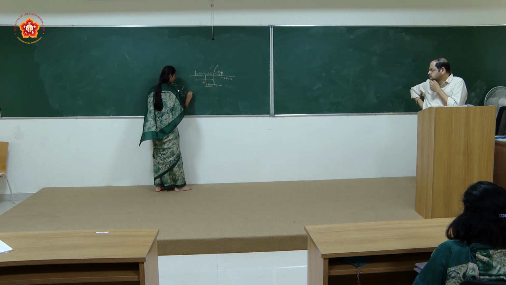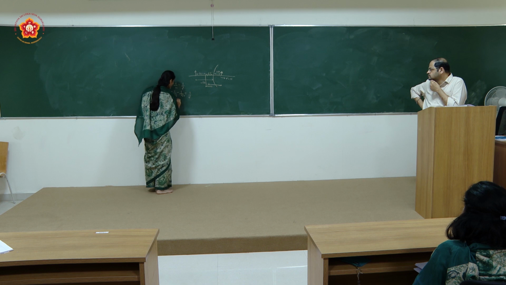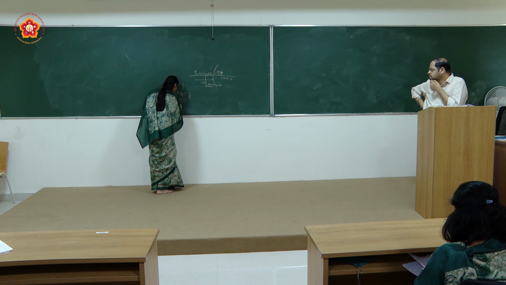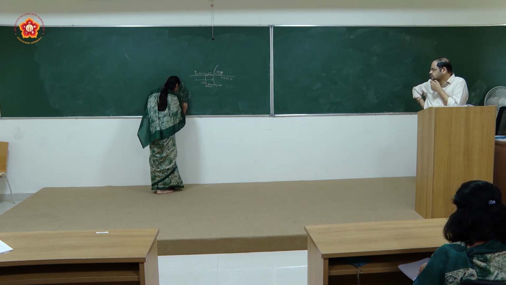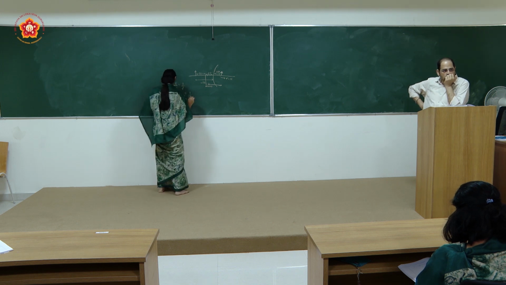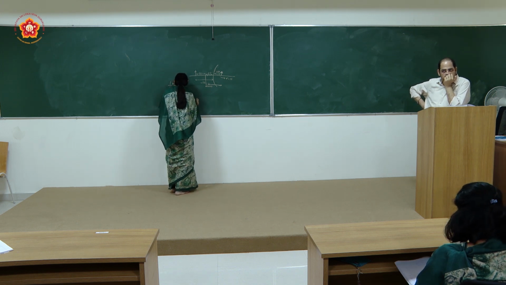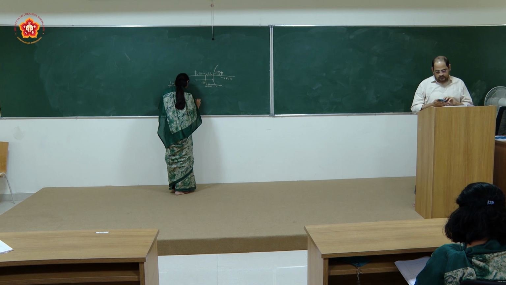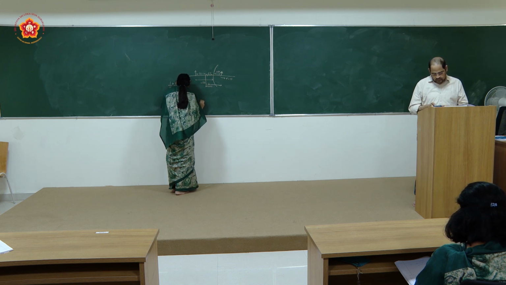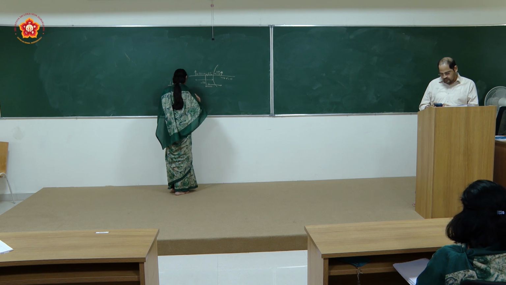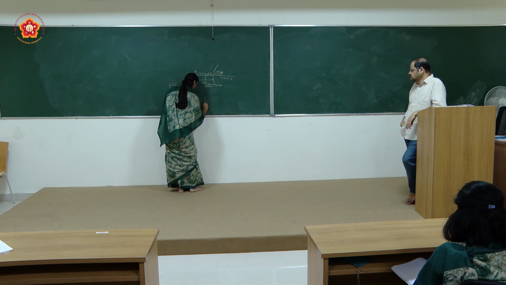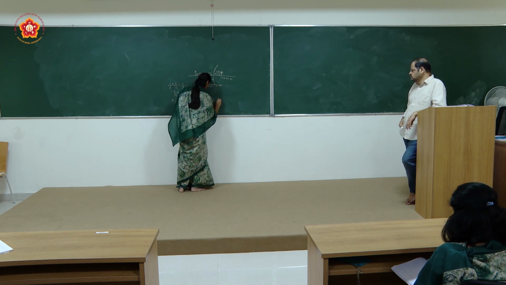Minus 1 by 50 equals 1 by F, so minus 50 plus 10 divided by 10 into 50.